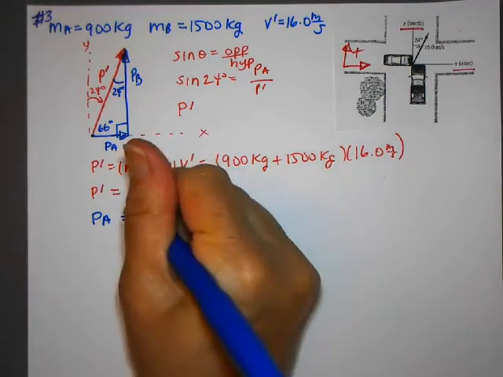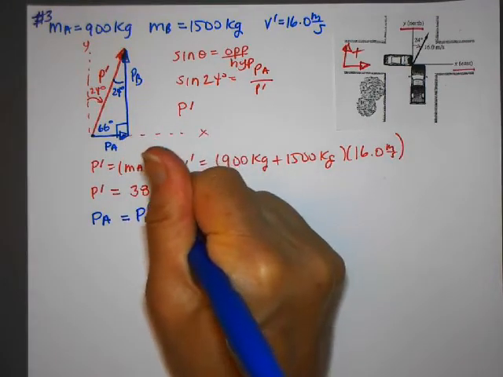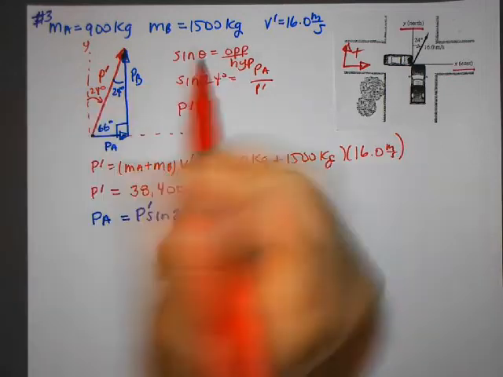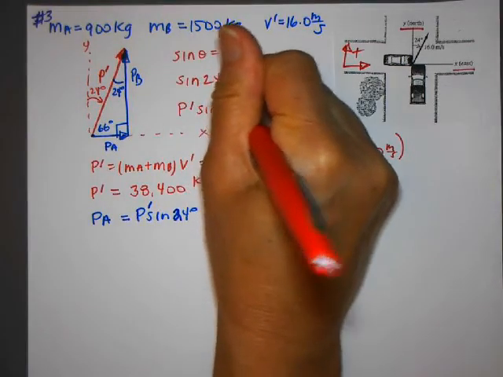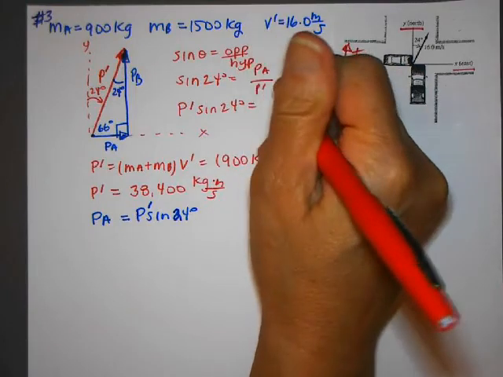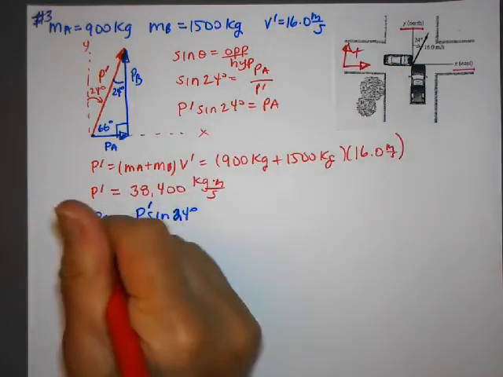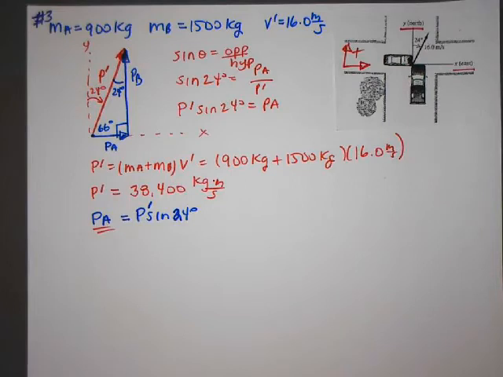Whoops, I put the 34, it's 24. P prime times the sine of 24 degrees is equal to PA. That's how I'm going to find the momentum of car A before the collision, and then with the velocity, I'm just going to use the definition.